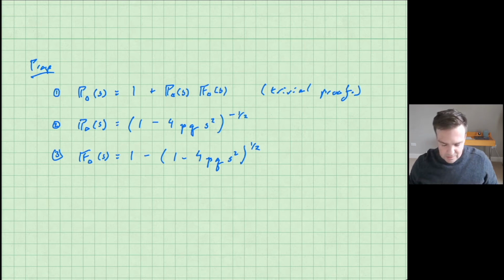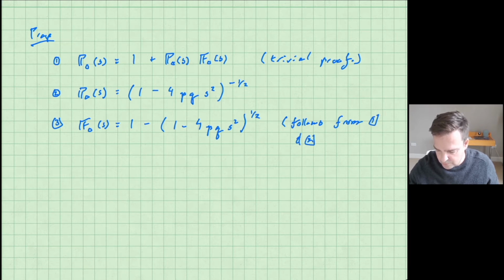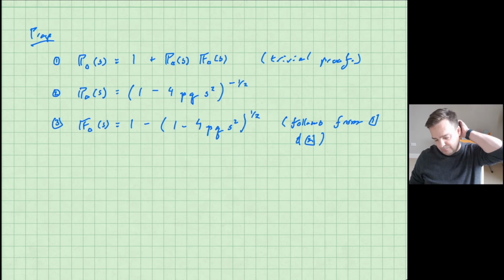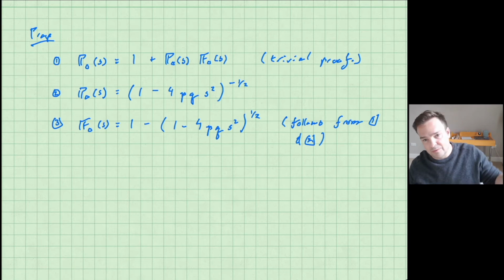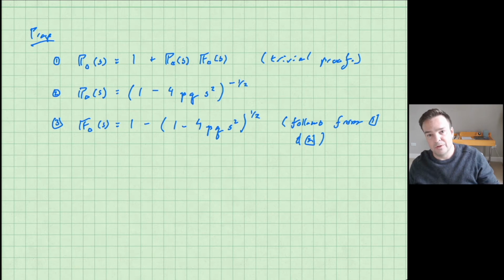Right, now, I really don't want to spend much time, so 3 follows from 1 and 2. If we show that the second part of this proposition is true, you substitute that into the line that's in part 1, and then you solve for f sub 0, and that gives you this result.